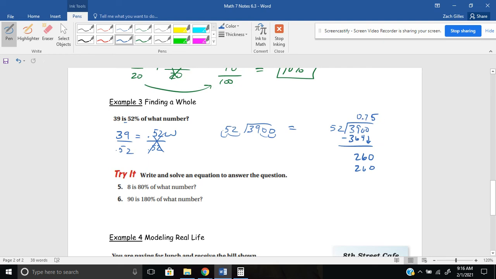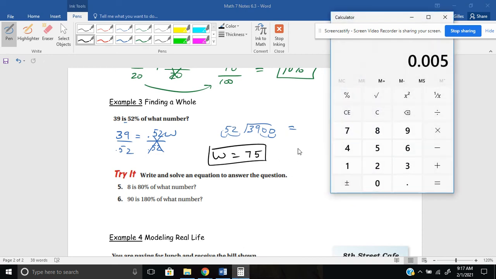Or sorry, there should be no decimal there. I goofed up there. So I get the whole is equal to 75. Right? Let's just double check that.